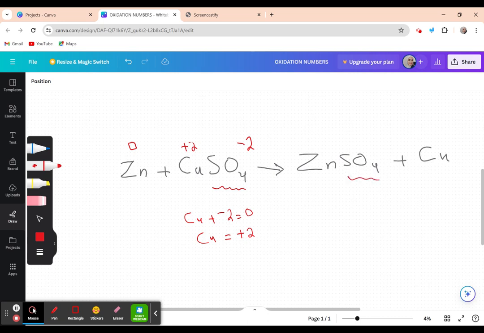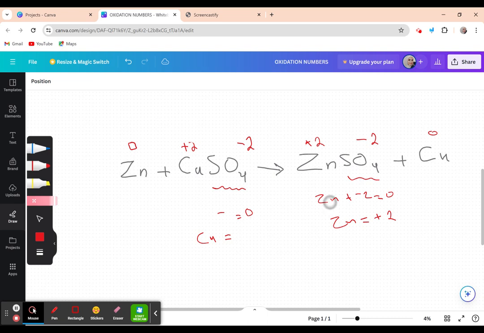We know that SO4 is -2, and with the same idea, Zn plus -2 equals 0, so Zn is +2. Copper is alone here, so it is a pure element. It is 0. Okay, now let me erase the calculations here.